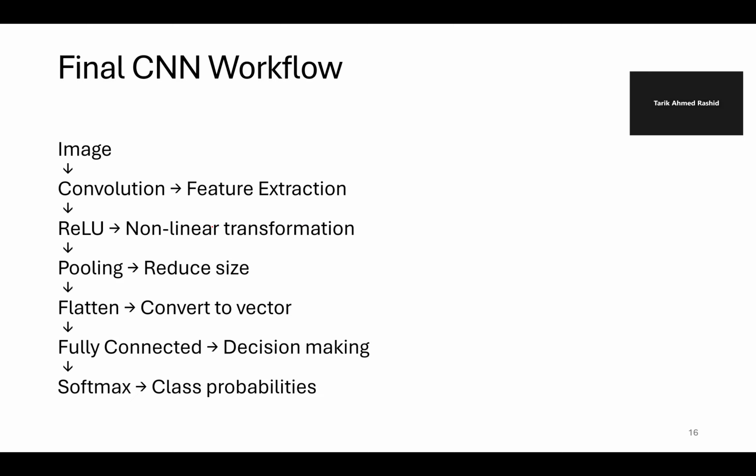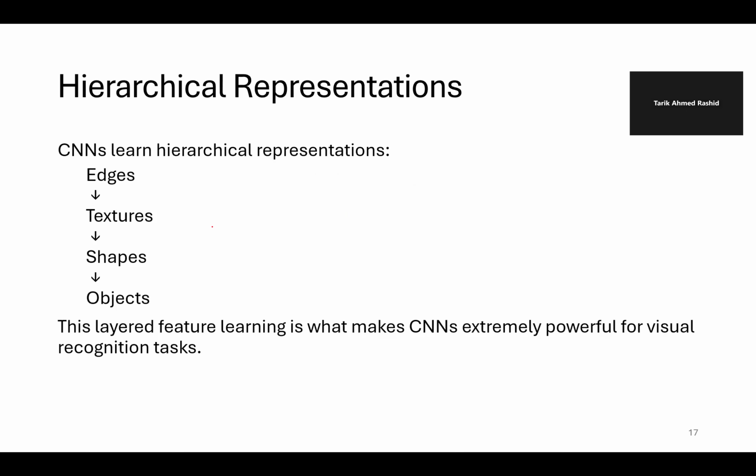So the final workflow of CNN: you've got image, feature extraction using convolutional layers, and then nonlinear transformation, and then pooling to reduce size, and then flatten, convert to vector, and fully connected decision making, and then softmax class probability.